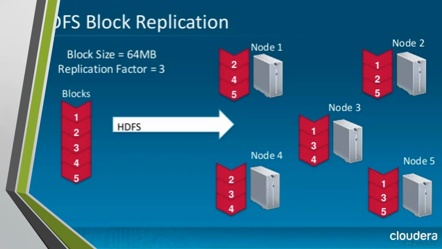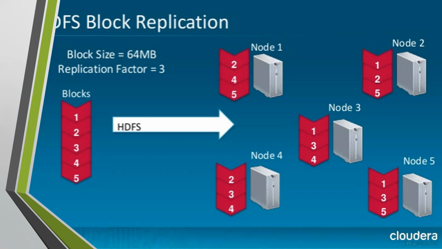For this example, we have 5 blocks coming from a file. The replica factor is 3, and there are 5 nodes in which the blocks will be stored. As you can see, each block is replicated 3 times and is randomly put into different nodes. If, for example, node 1 were to fail, we would still have copies of those blocks in other nodes.